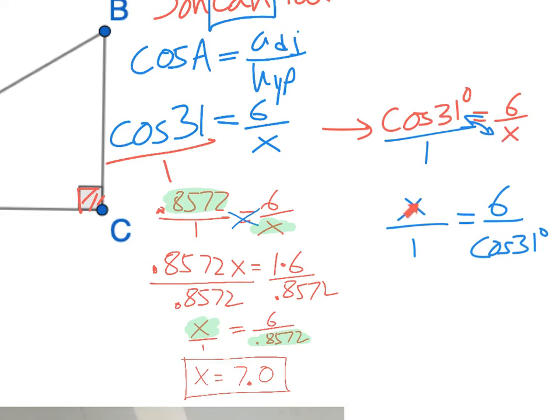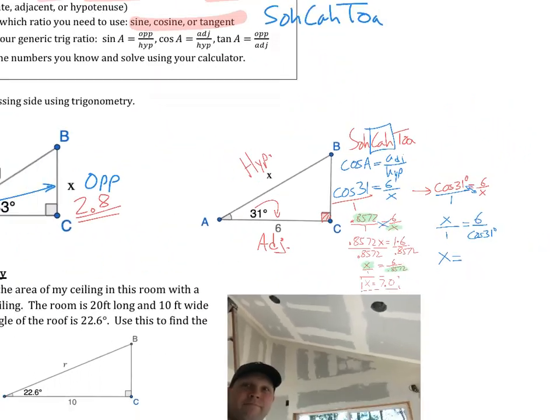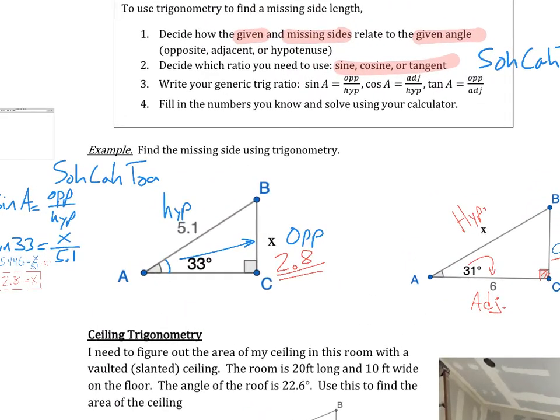And over here we have x over 1. Well, x over 1 is just x, isn't it? Of course. So x equals 6 divided by the cosine of 31.